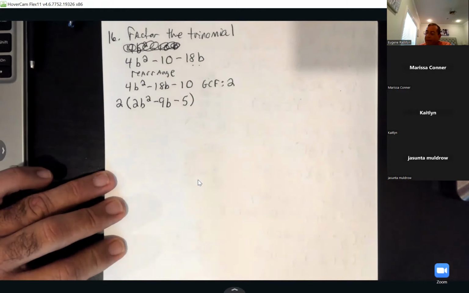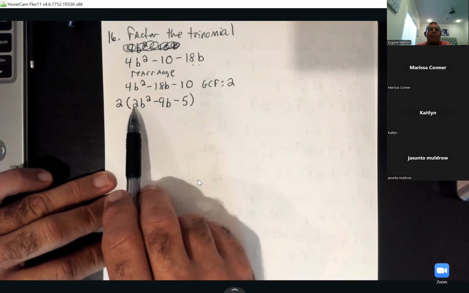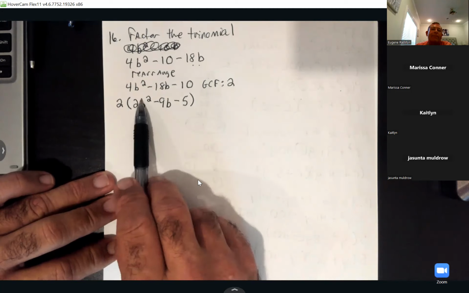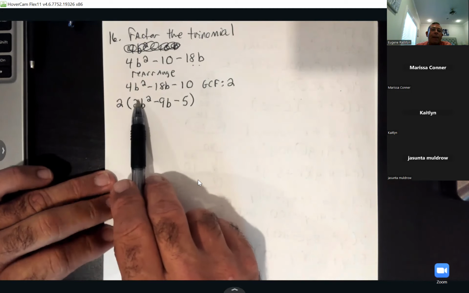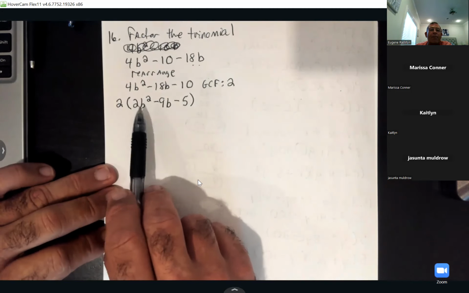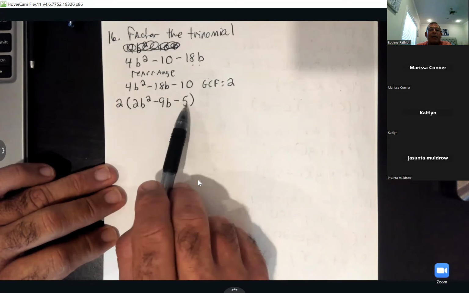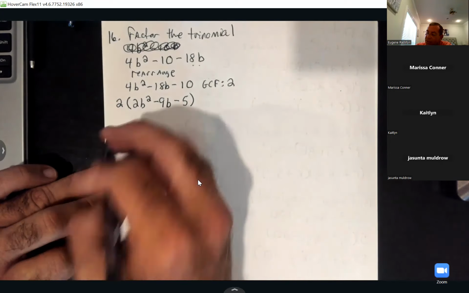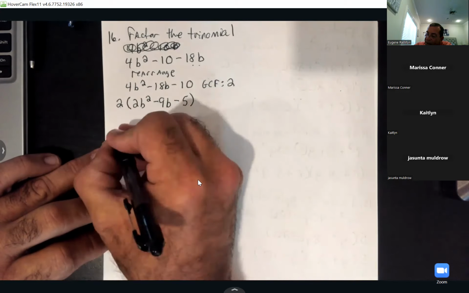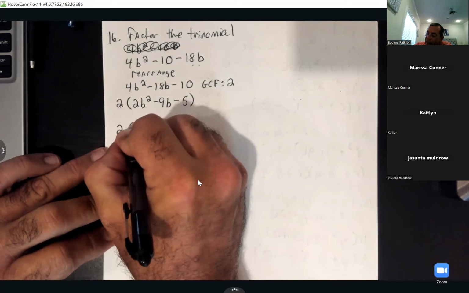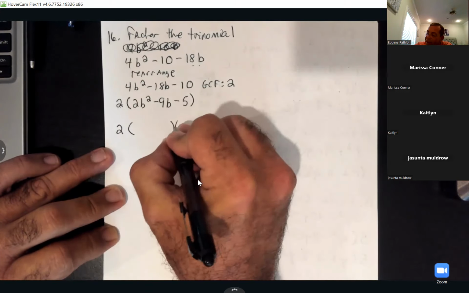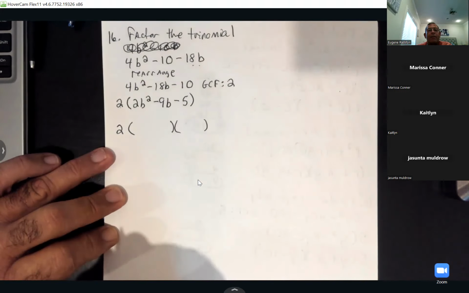And y'all look at that. I got to factor this further, but this time I've still got a number in front. So remember, when I got a number in front, I'm going to have to multiply that number times the last one to find my factors. So first I'm going to bring down that 2. And I know for now that will factor into 2 sets of parentheses.